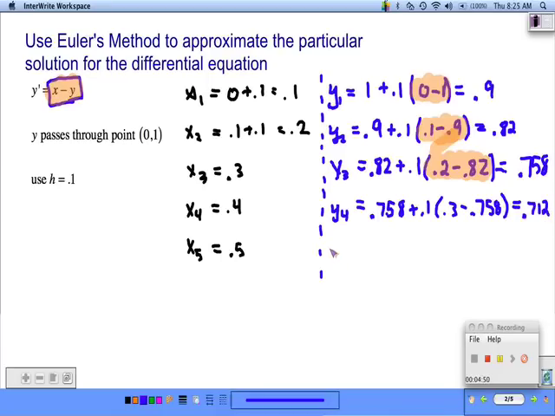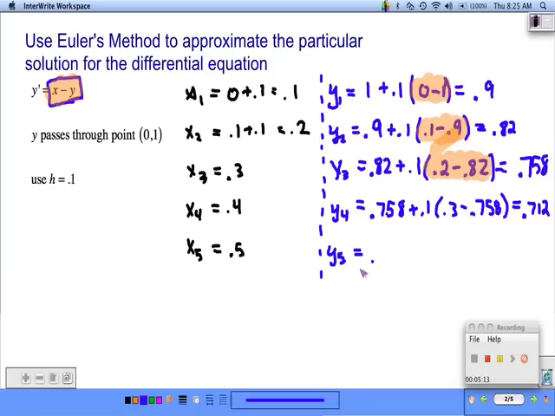And then we can do a fifth point. And we can keep going on and on and on like this, getting an approximation for our differential equation, but the further we go, the further off from the actual graph we're going to be. But we can do a fifth step here.